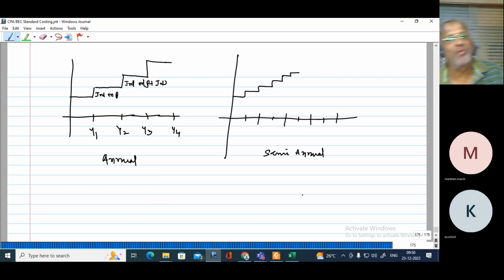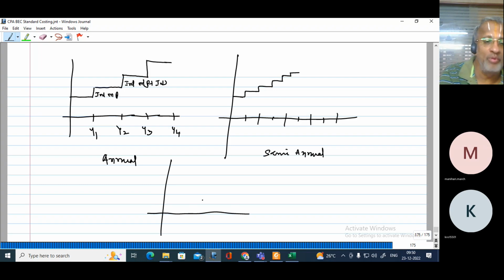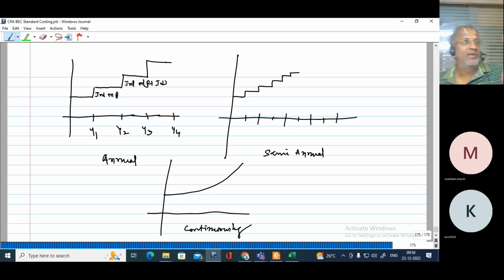Then you can have quarterly, monthly, daily and all that. Even hourly. Where there is no break, it will move like this. This is what you call continuous compounding. Now you can understand conceptually how it is figured out annually, semi-annually, continuously and all that.